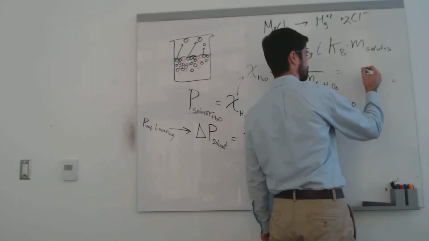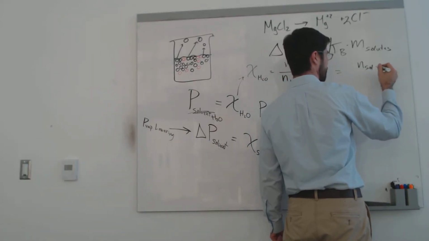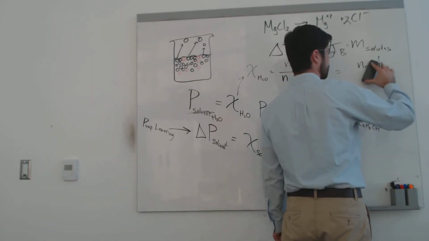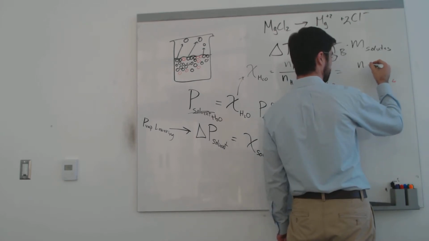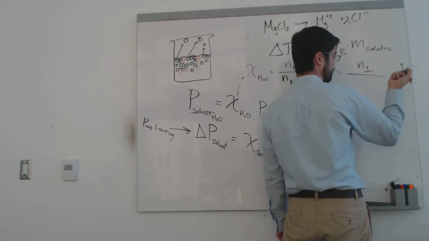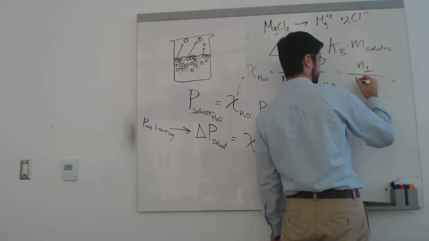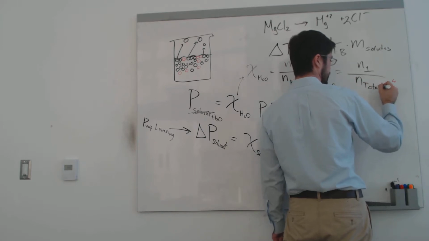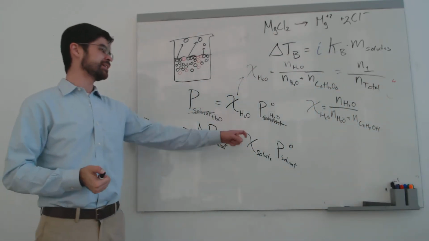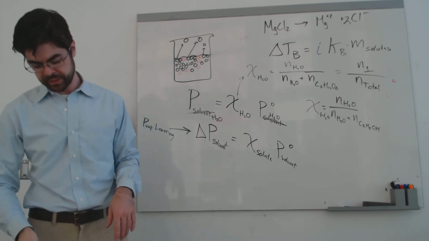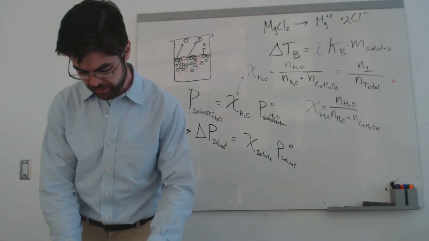And remember, mole fraction is always moles of one substance. You can usually talk about the moles of the solute, but you can talk about the moles of any substance. So I'll just say moles of one of the components in the mixture divided by the total number of moles. So a case in point here is the vapor pressure.